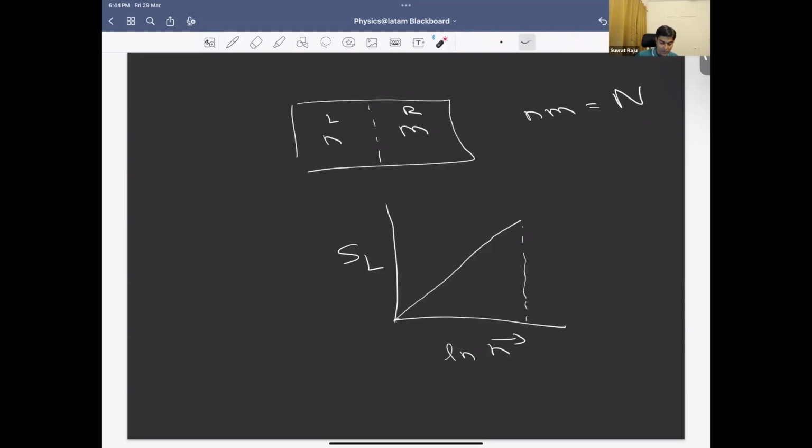Once n has become very large, if the whole system is pure, then it's the entropy of m that starts dominating. So the curve starts decreasing. By the time you reach the largest possible value of n, when n is equal to N, the entropy has gone back to 0. This is the Page curve. The Page argument is, of course, correct. Is there a question? Juan, do you have a question now, or did you already ask it?